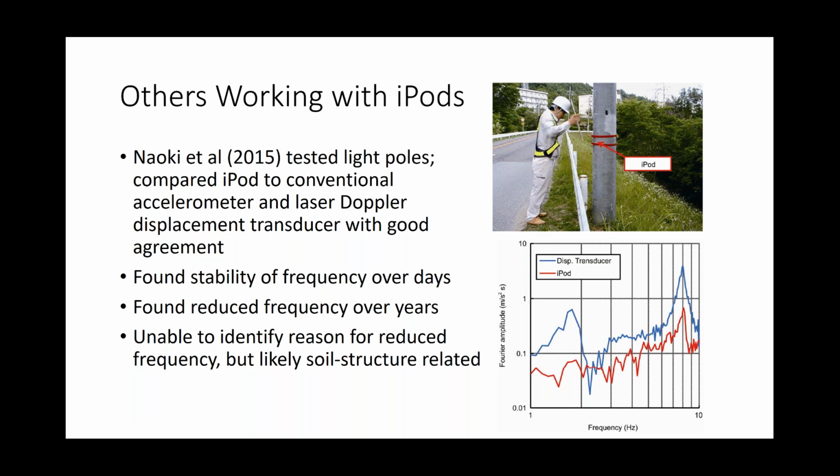They found stability of the frequency of the pole over a matter of days and in varying environmental conditions. And then they did find after 2 years that there was a frequency reduction in the pole, but they didn't identify exactly what that was. So this would amount to an anomaly detection sort of study.